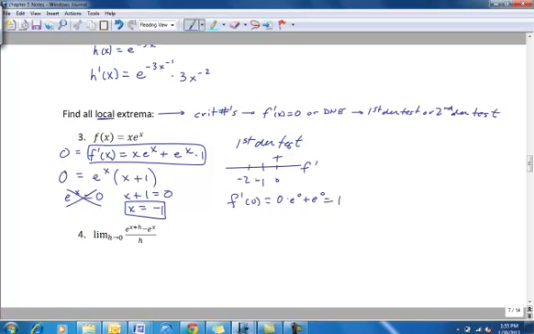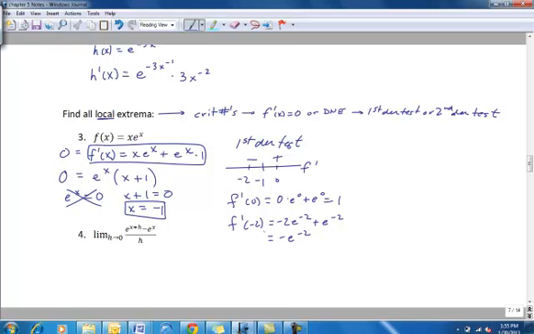Let's go ahead and do -2 for the other side. F prime of -2. Oh gosh, we'll probably need our calculators for this, and I don't have mine with me. -2 e to the -2 plus e to the -2. So that's -1 times e to the -2, so it's going to be -e to the -2. We don't really need our calculator. E is a positive number raised to a negative value makes it smaller, but still positive. So the negative on the front makes the final answer there negative.